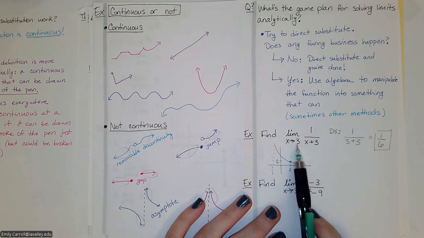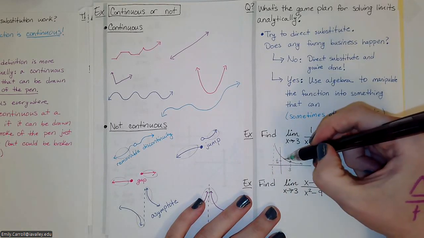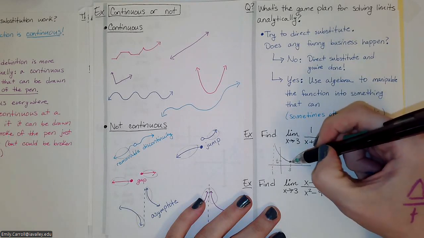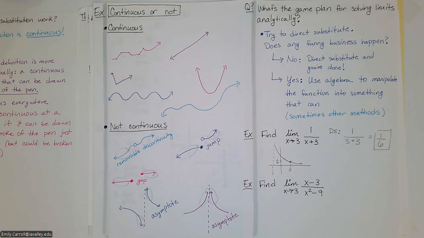This limit as x is going to 3 is making you want to slide along this curve until you land at that point. And there's nothing wrong with getting to that point and sitting on it. There's no hole to fall through, or there's no jump that you have to do at that point.